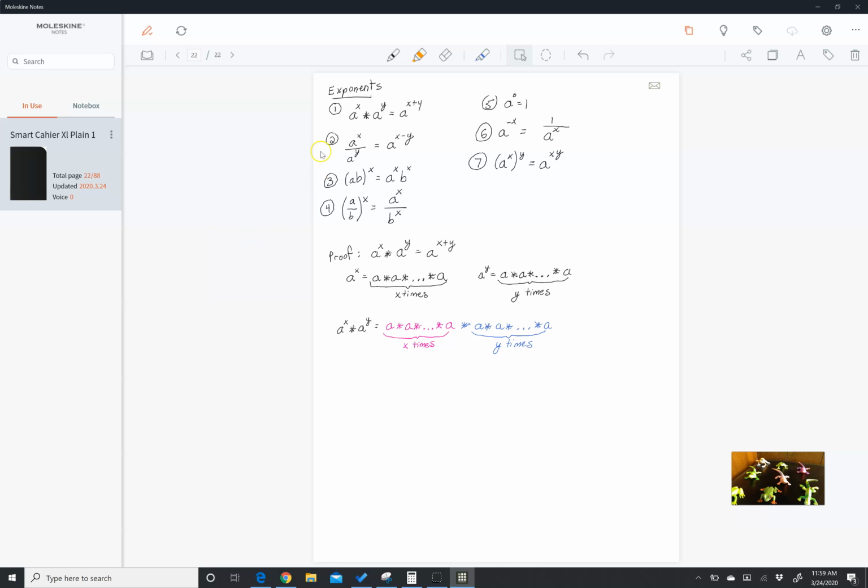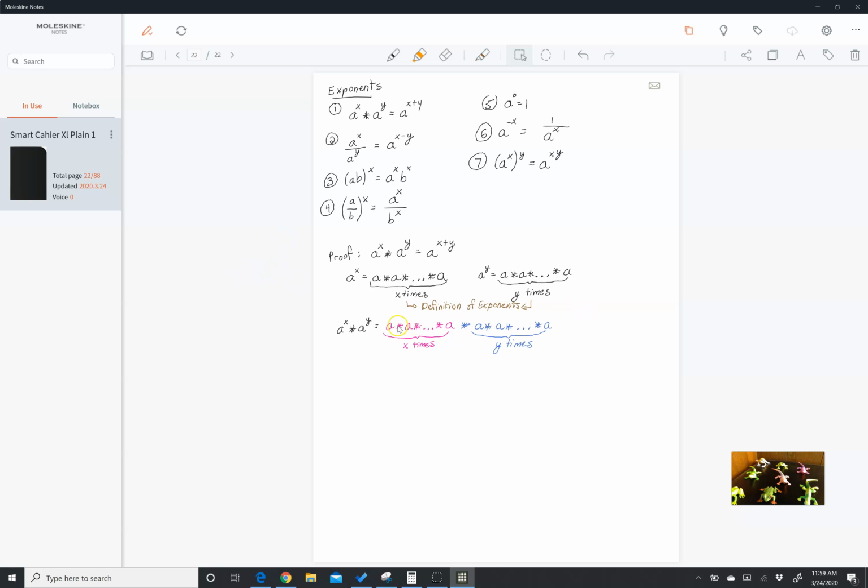Okay. So for each of these, we could put a reason. We're going to put definition of exponents. Because this is what exponents is. It's just this repeated multiplication here. Okay, and that's true for both of these.